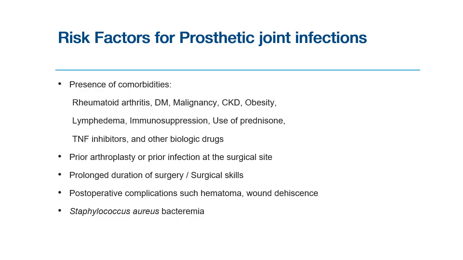Post-operative complications such as hematoma and wound dehiscence will increase the risk of joint infection. And of course, if the patient develops Staphylococcus aureus bacteremia, the risk is high for joint infection.